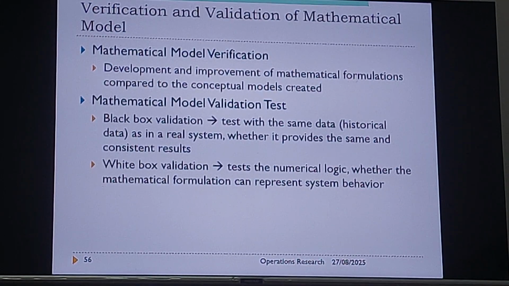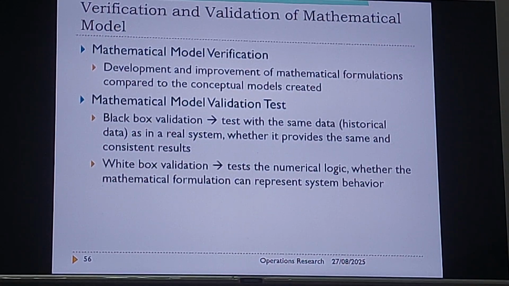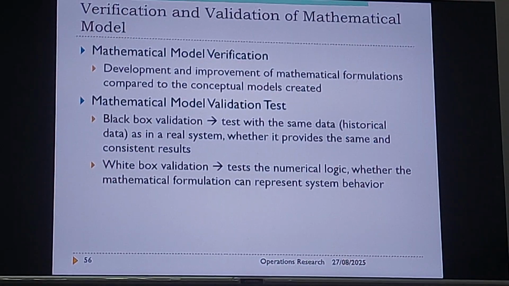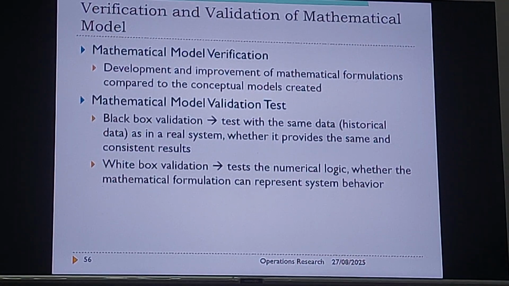So verification is to check whether your mathematical model is based on the conceptual model that you have used. And validation is to check that the mathematical and conceptual models still really correspond to the real world. So verification should go first before validation, and validation will check against the real world.